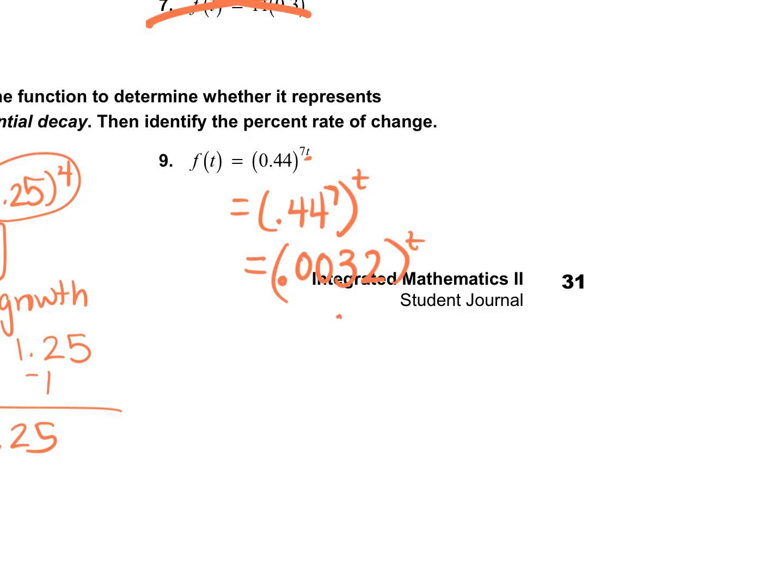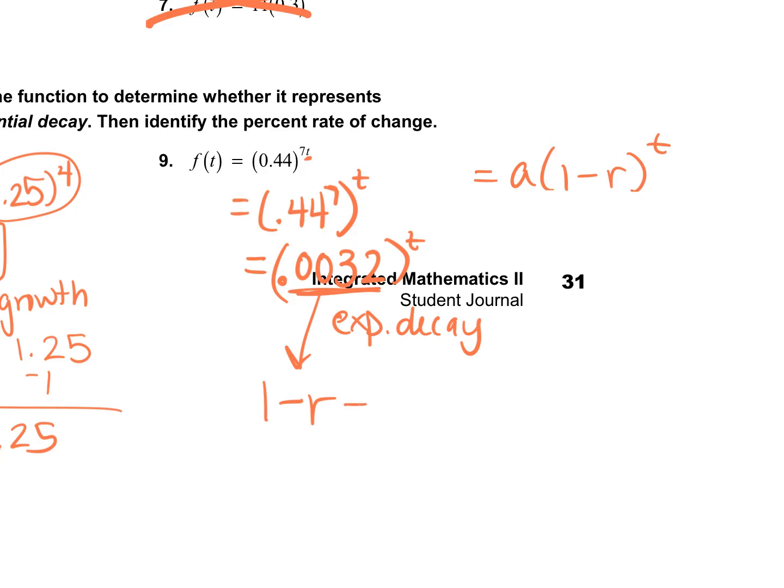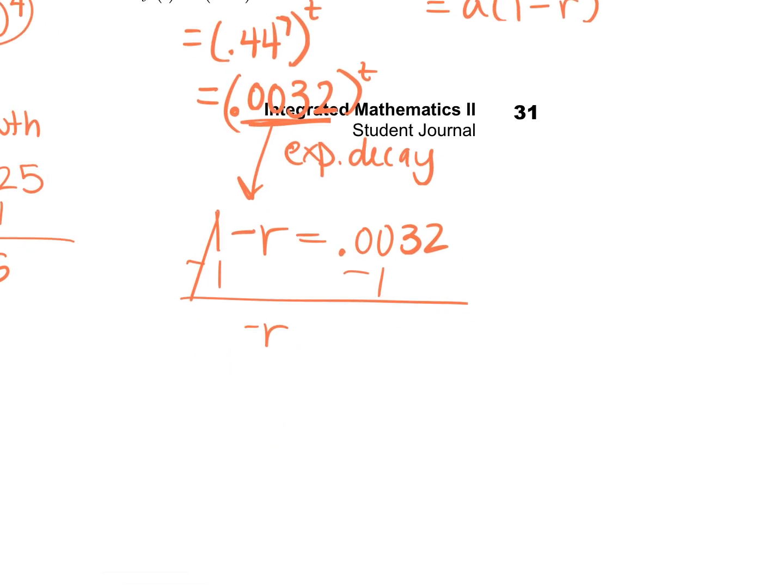So that's definitely an exponential decay. And the model tells us that the inside of that, so this is the 1 minus the growth rate to the t, we're going to take that middle and set it equal to that part in the middle. 1 minus r equals 0.0032. And then we can solve for r to figure out our rate.